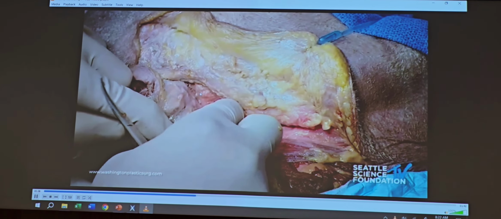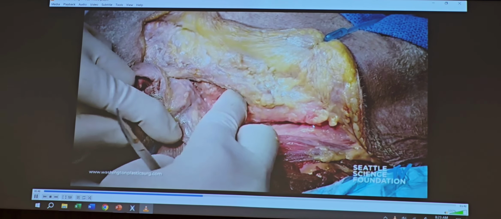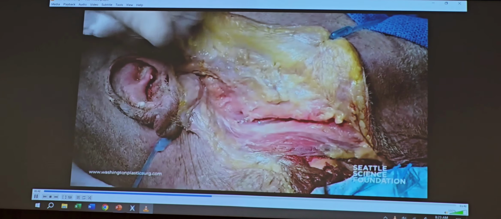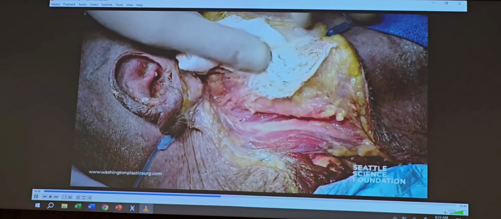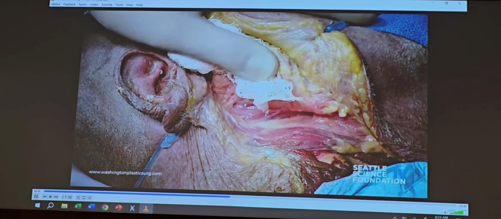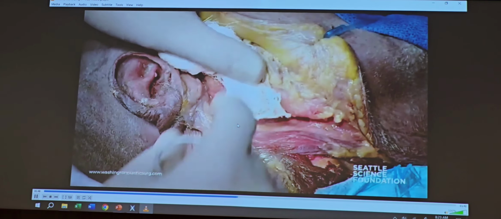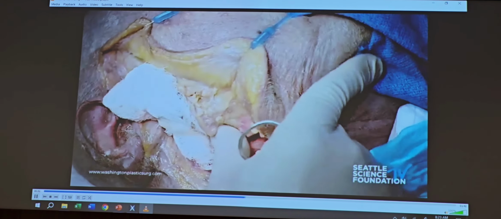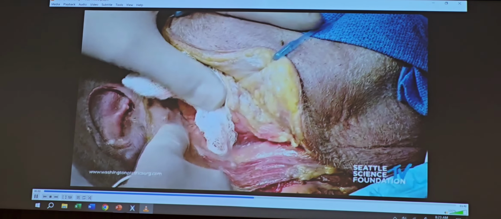So now the tragal pointer is identified and the posterior belly of the digastric is identified. So usually the facial nerve will be at the midpoint of these 2 structures. That's why we always take at least 2 or 3 landmarks to identify the facial nerve.